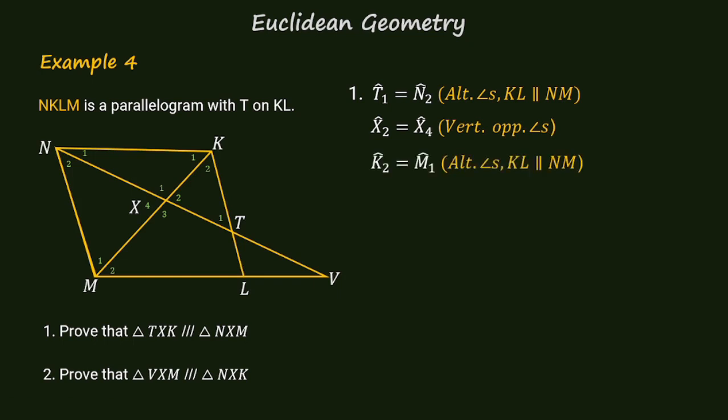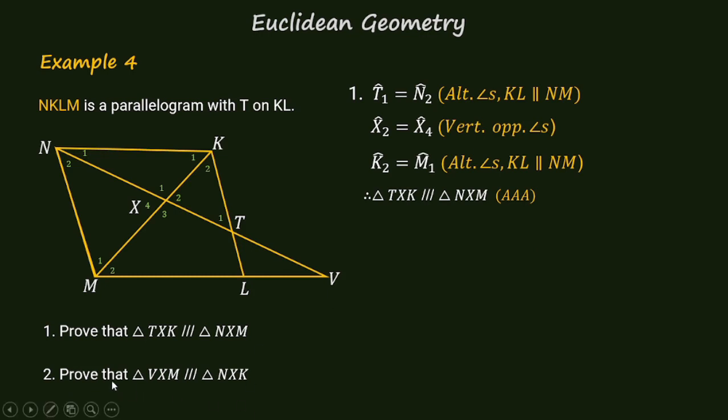Those are alternating angles. So now we have shown that the corresponding angles, or the matching angles, of these two triangles are equal in size. Therefore, we can conclude that triangle TXK is similar to triangle NXM. And the reason: angle, angle, angle.